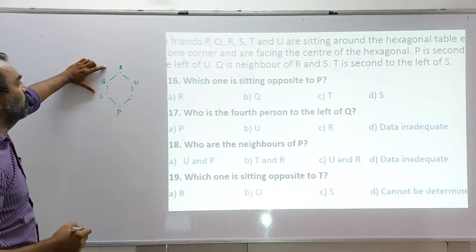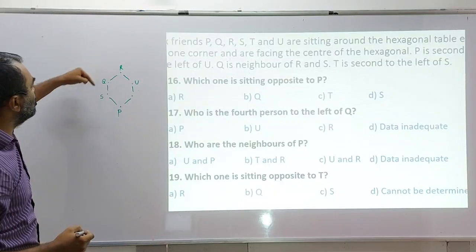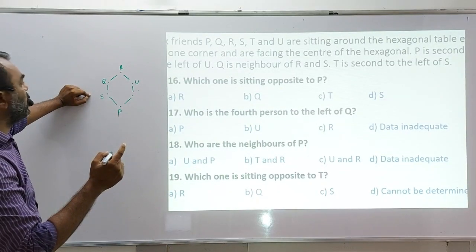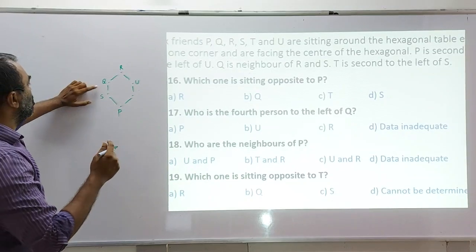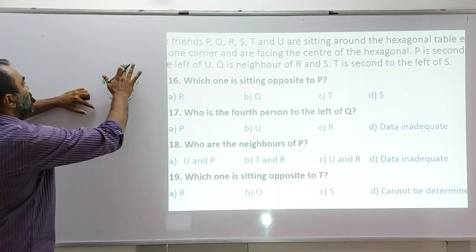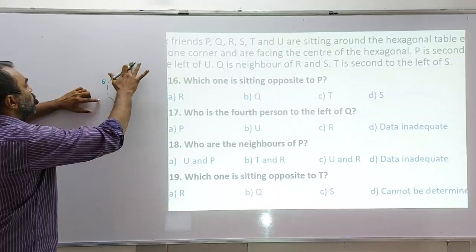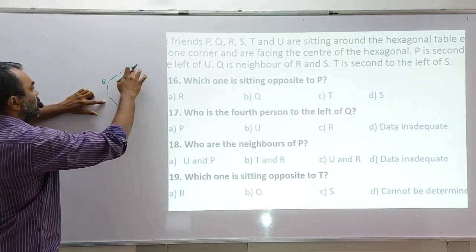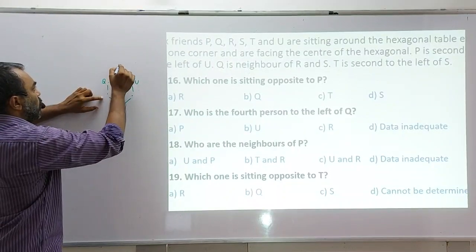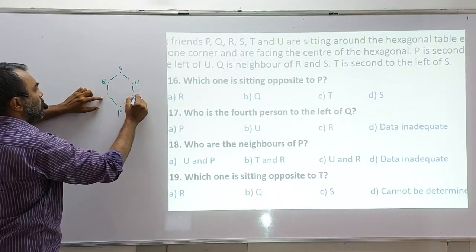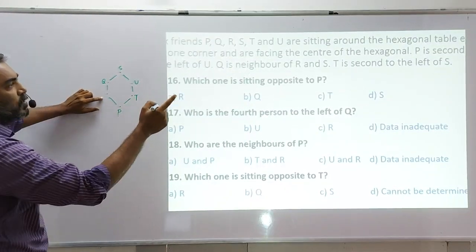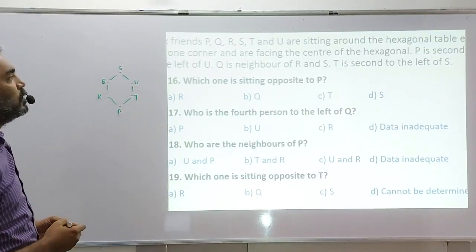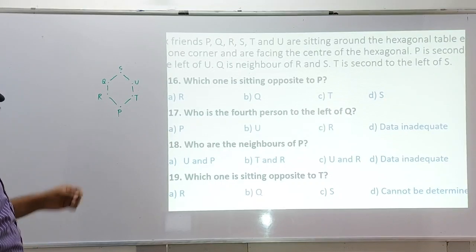The same thing, nothing has changed, I only changed the position of R and S. Now T is second to the left of S. No, this is still not working. Second to the left, so how do we go to the left? This is the right and this side is the left. So S had to come here because T is second to the left of S, and then R should come here. Done.